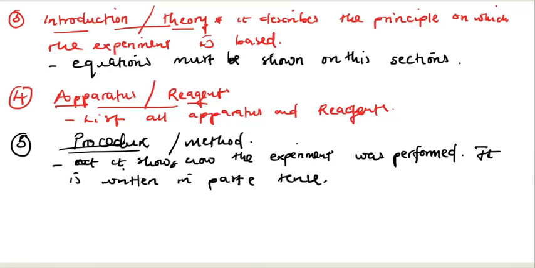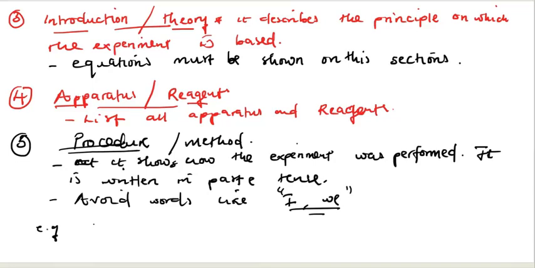Now you have to avoid words like I, we. These words do not include yourself. Like I added, e.g. you can't say I added.